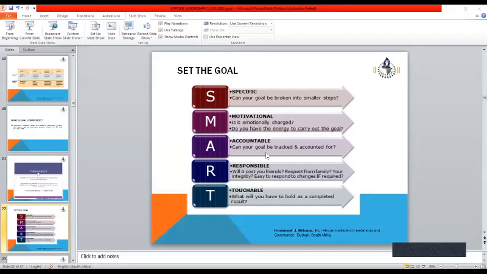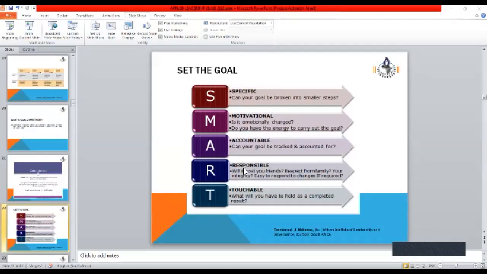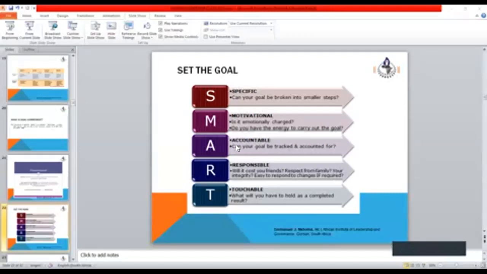Can your goal be tracked and be accounted for? So your goal must have accountability. The reason why most of our companies are failing is accountability. Let me give this example quickly.